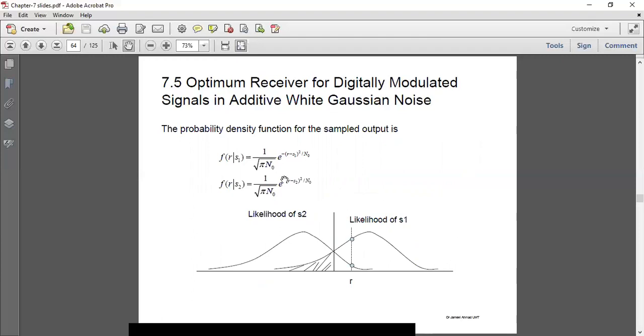They are plotted like this. This is the likelihood for s1 and this is the likelihood for s2. Some of the likelihood of s1 is overlapping with s2. So this is the decision region, this is the boundary, which is separating these two likelihood functions.